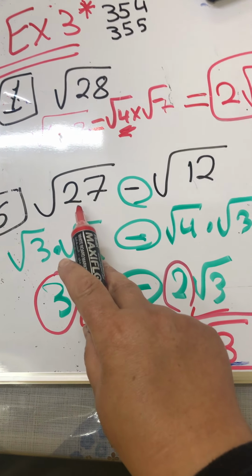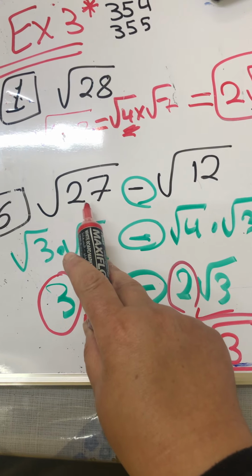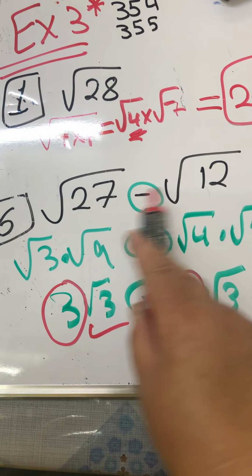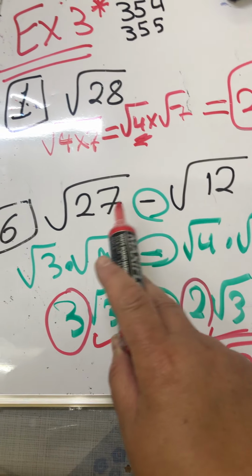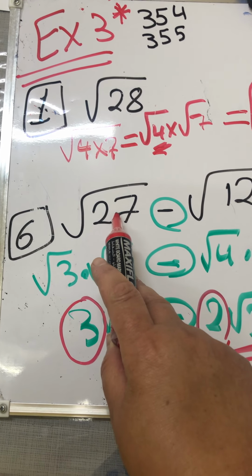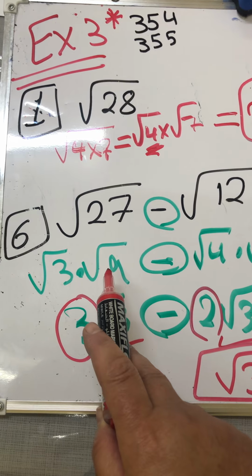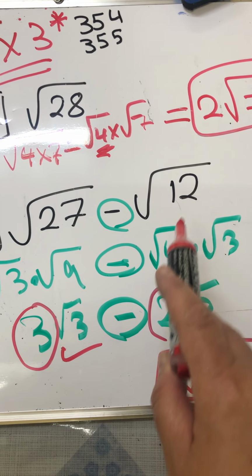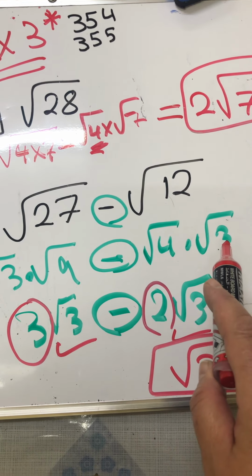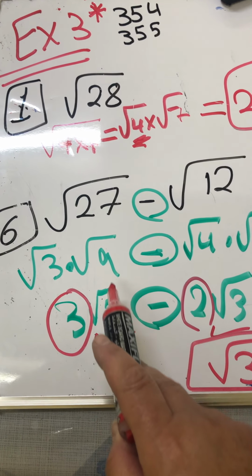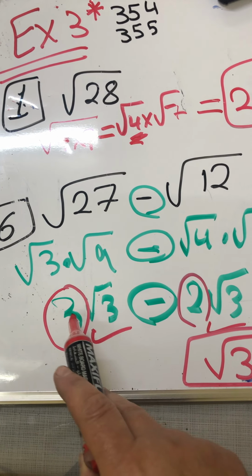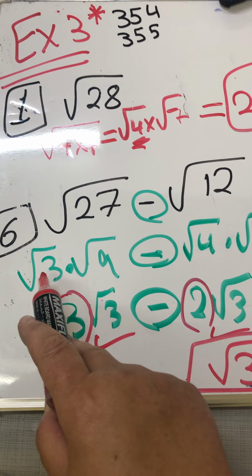So again, in this form, I cannot subtract them from each other. In the beginning, I have to simplify square root of 27 into square root of 3 times the square root of 9, and square root of 12 into square root of 4 times square root of 3. Now the square root of 9 is 3, so 3 times square root of 3.